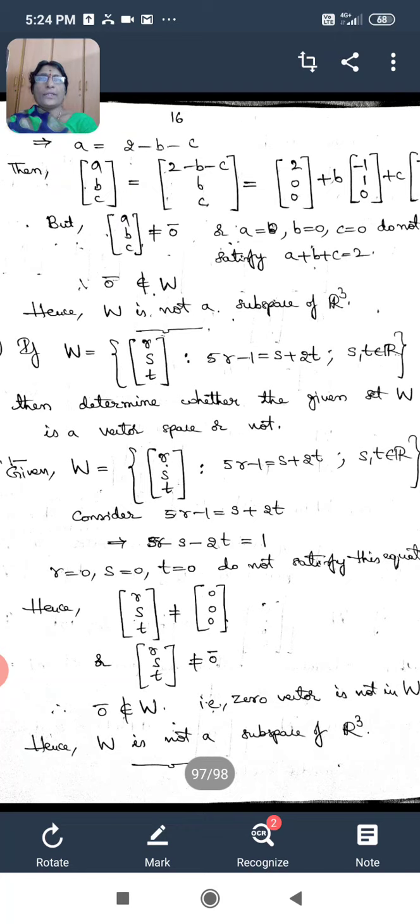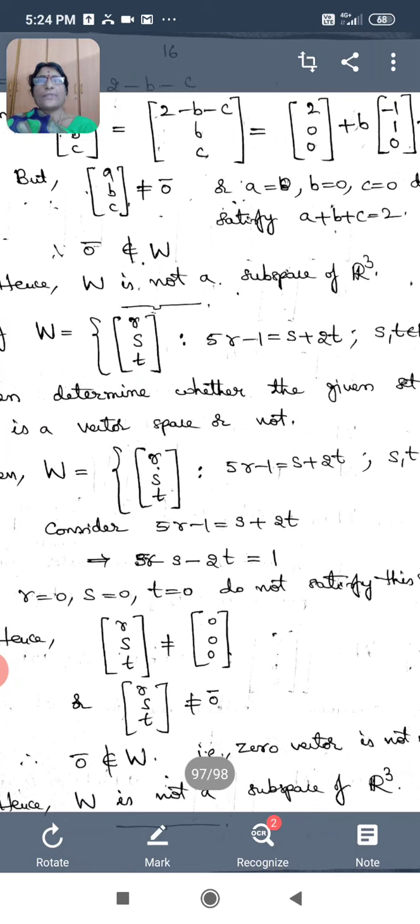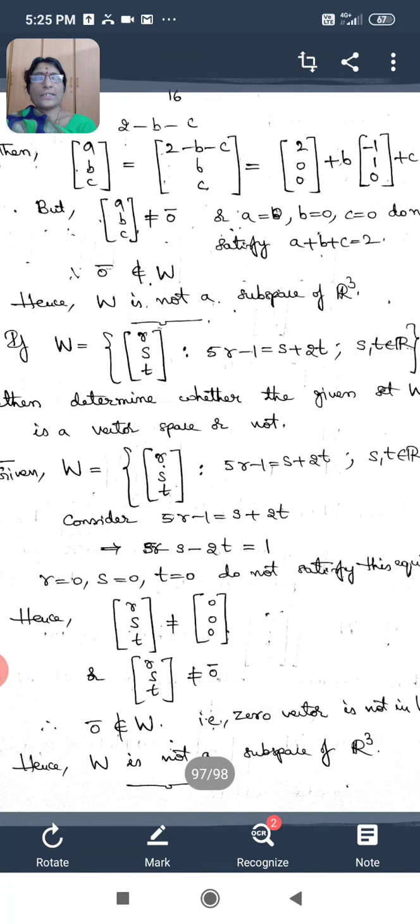Among the three conditions of a subspace, the first condition, that the zero vector should exist in W, is not satisfied here. So we should say that W is not a subspace of R3.